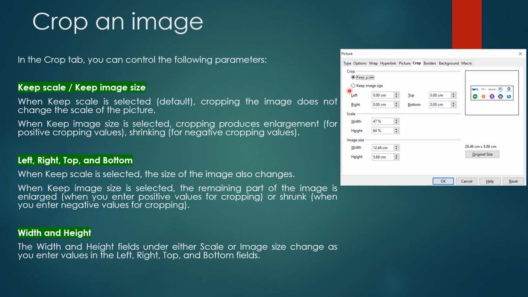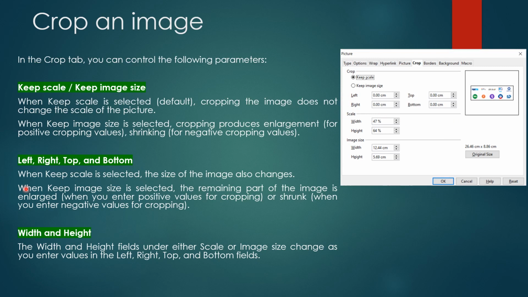When Keep scale is selected, which it is by default, cropping the image does not change the scale of the picture. When Keep image size is selected, cropping produces enlargement and shrinking. Next are left, right, top and bottom. When Keep scale is selected, the size of the image also changes.